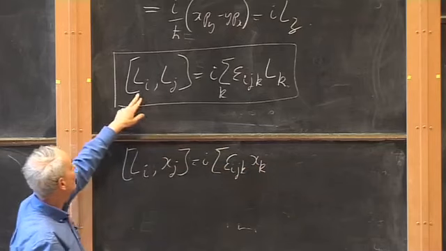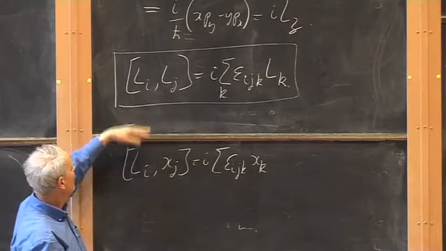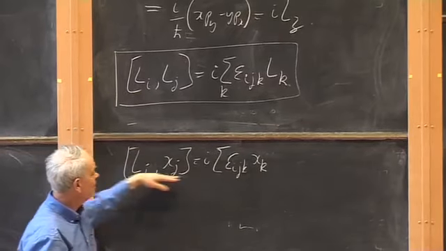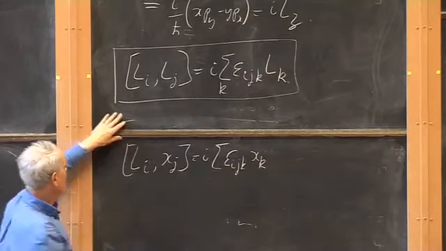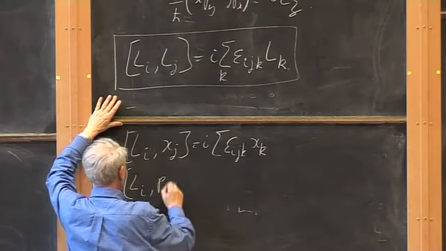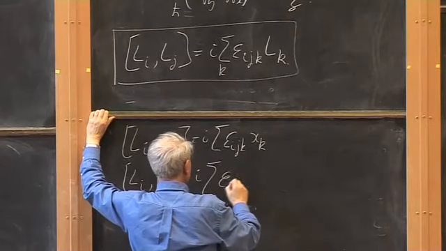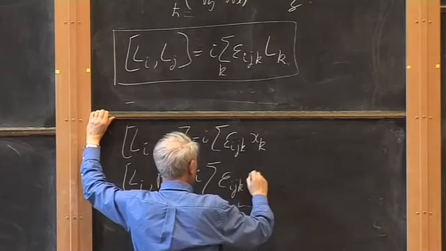And that rule even works for L itself, which is itself a vector. We regard this as analogous to this relationship here, because we also had that [Li, Pj] is equal to I epsilon_{ijk} pk.